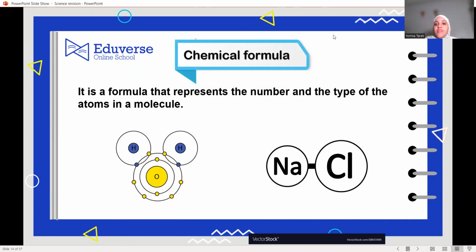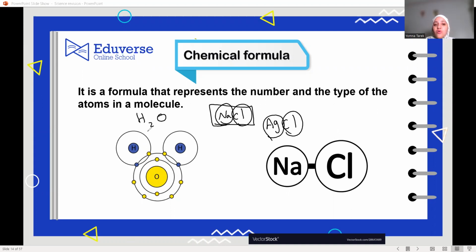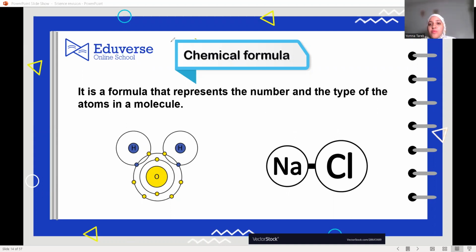For example, when I see NaCl, I can know that it consists of sodium and chlorine. What if I see AgCl? I know that it's from chlorine and silver. H2O, I know that there are 2 hydrogen and 1 oxygen, and so on. So this is the chemical formula.